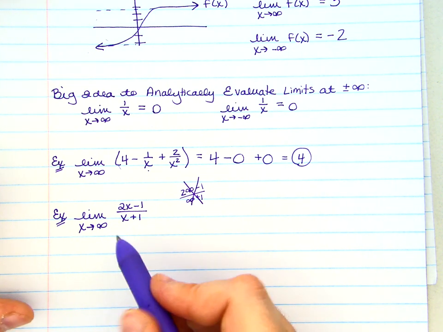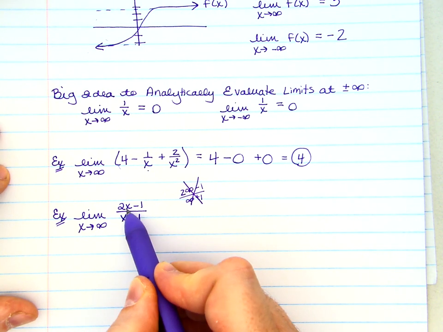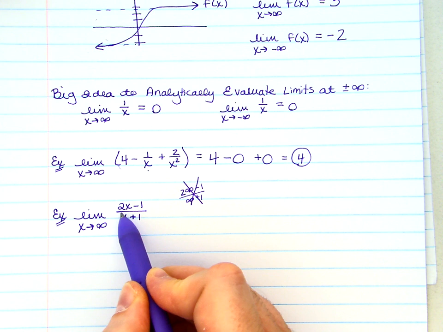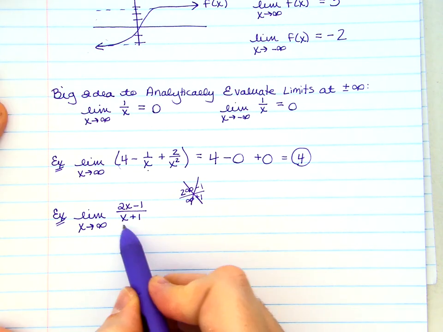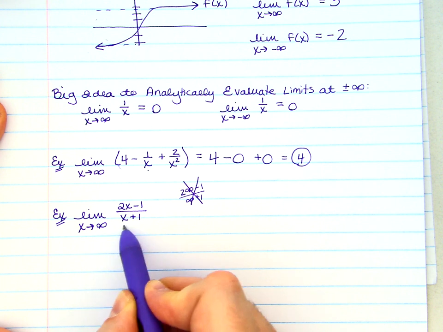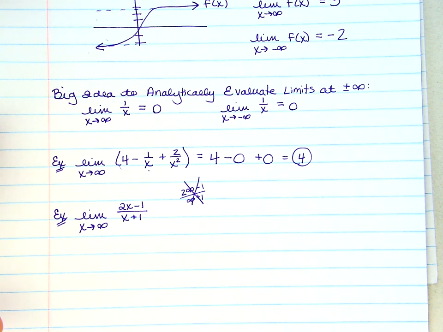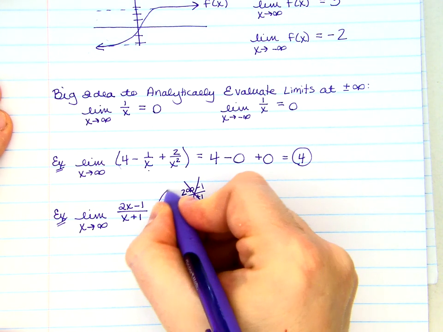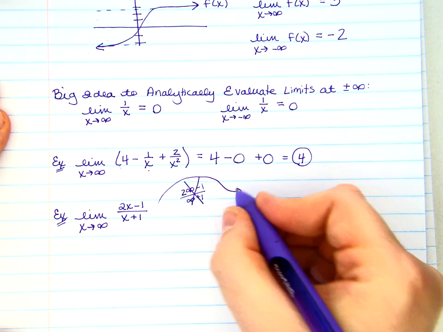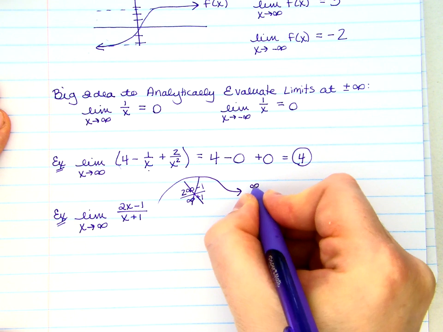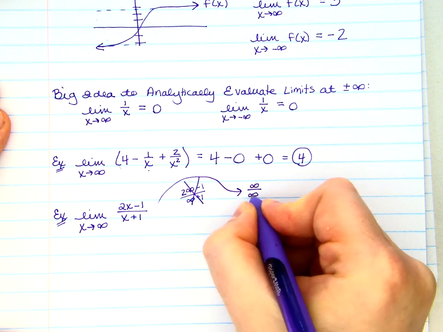But what we should see is if I was to plug in a huge number, the top of this thing, 2 times a huge number minus 1, that's a huge number. The bottom of this thing, a huge number plus 1, also a huge number. What we get is what we can call the indeterminate form, infinity over infinity.